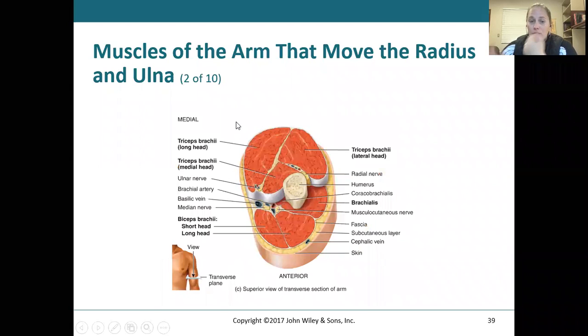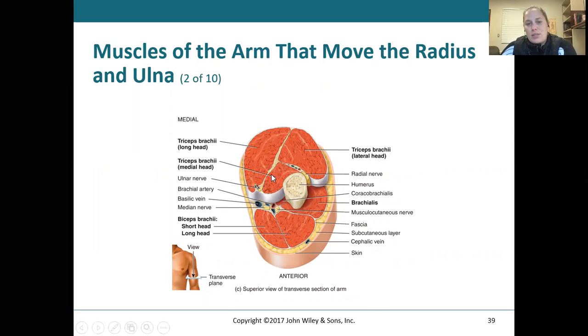Okay, so let's say we take a transverse plane right here, through the middle of your bicep, and this is how those muscle groups would look. You can look down that cut, and you'd have your biceps brachii on the front side, your triceps brachii back here on your back side, with the lateral head, long head, and medial head.